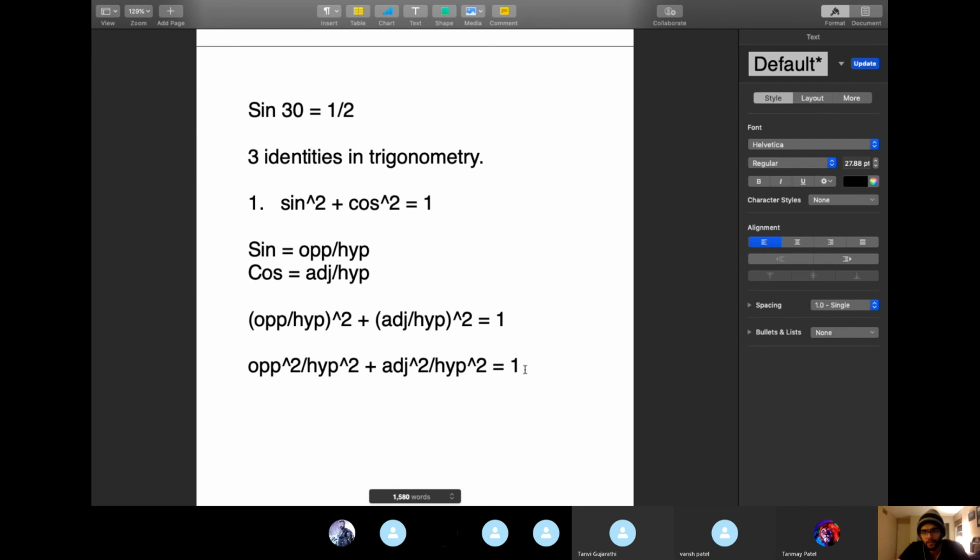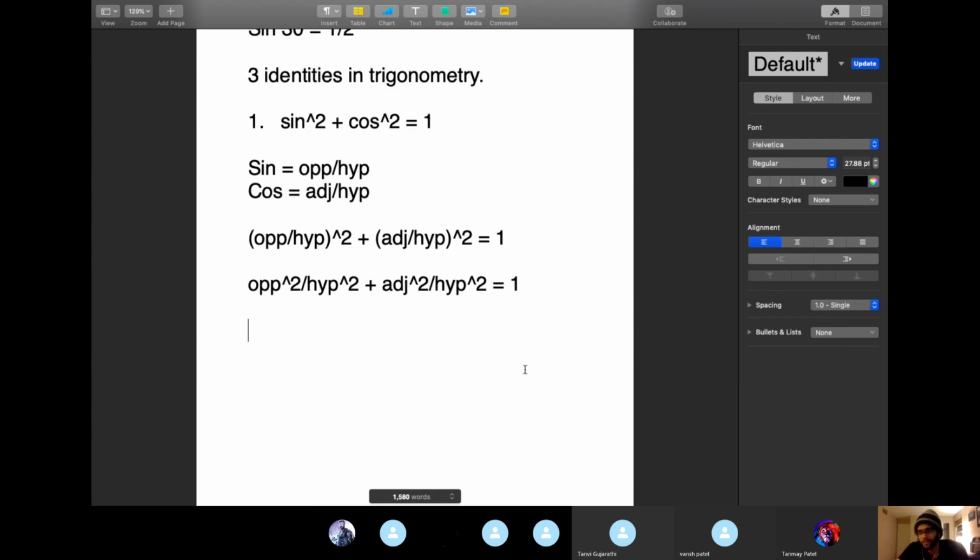Do you guys agree? If a fraction has to be squared, it should go to both the numerator and the denominator, right? Okay. Now, do you guys know how to add two fractions? When we add two fractions, we keep the denominator the same and we add their numerators.